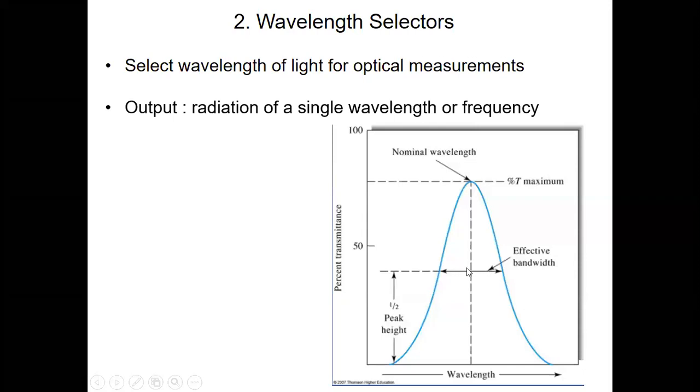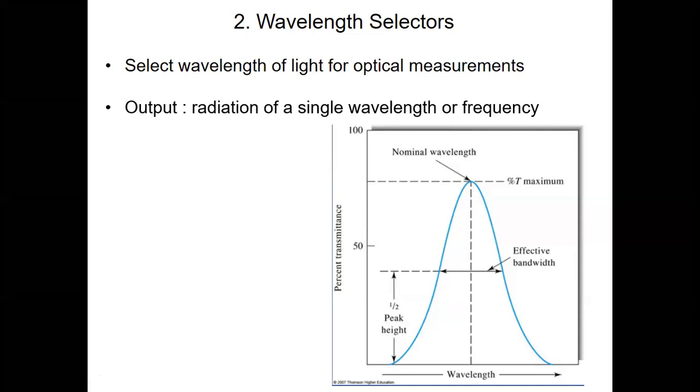When the effective bandwidth is getting smaller and smaller, then the wavelength range that we are measuring is getting smaller. So then we can say, okay, that is a really good wavelength selector, because we can select a particular wavelength.